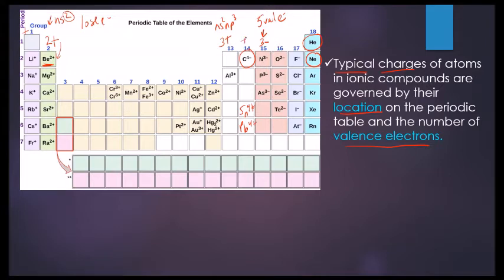So we do call this column the ±4 column in some exceptional cases. And then here, -2 for the oxygen group, -1 for the halogens, and then the noble gases don't really form ions, so their charge would be 0. +1, +2, +3, ±4, -3, -2, -1, 0. It's following the typical charge pattern on the periodic table.